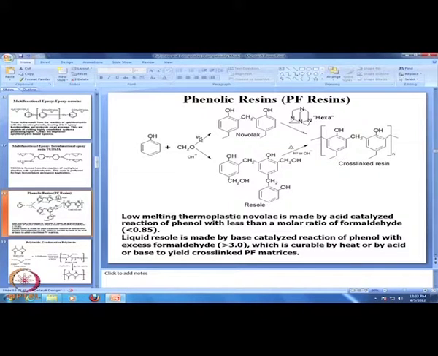Now, let us look into the phenolic resin. We are discussing the epoxy resins, epoxy resin, Novolac phenol formaldehyde combination. Now, let us look into phenolic resin. What is this phenolic resin? This phenolic resin is an age old resin. Actually, this phenolic resin found the commercial scenario when Dr. Baekeland discovered bakelite.